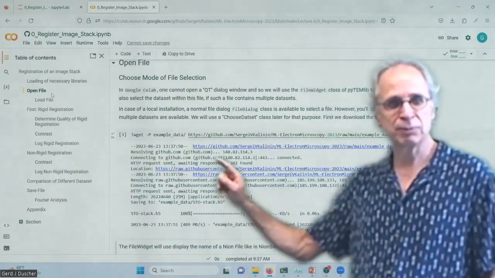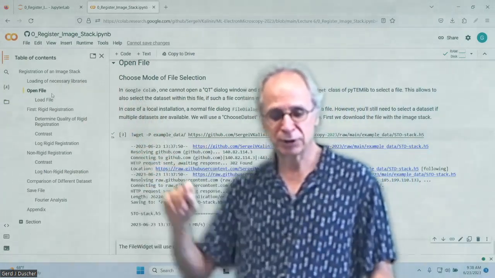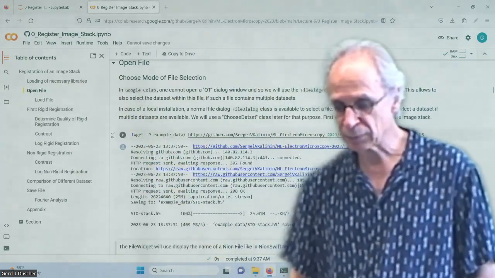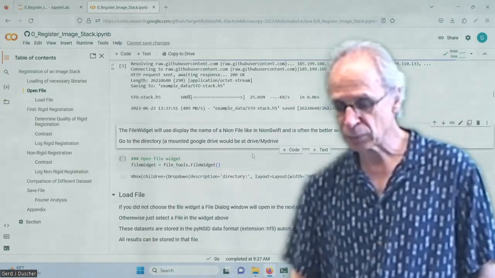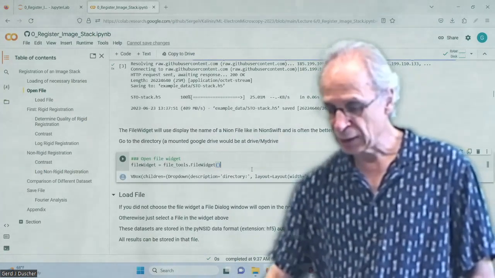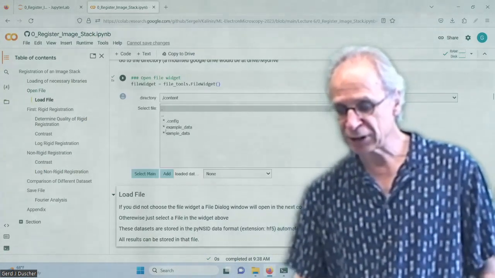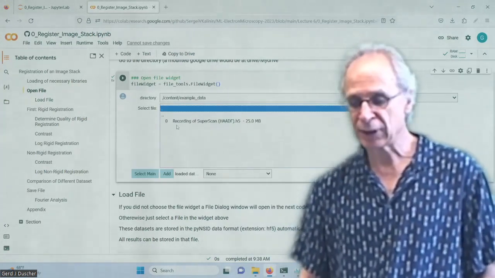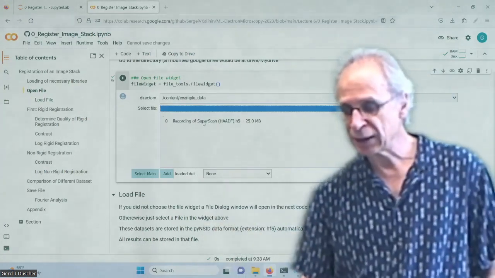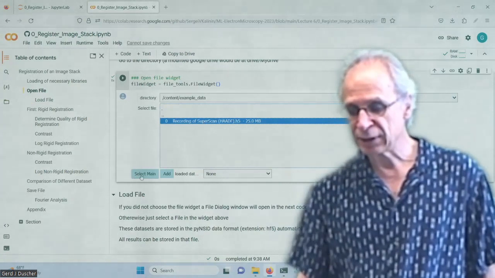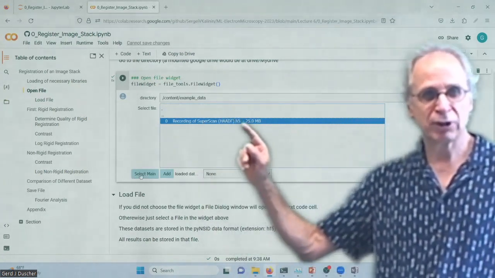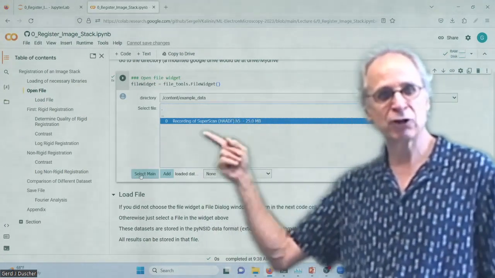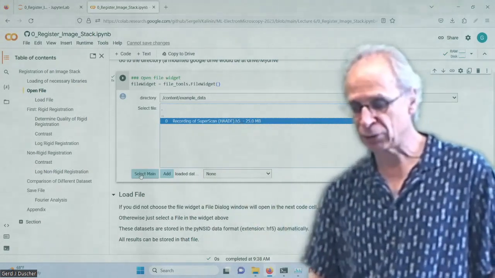So we are in the open file part. I'm using my file widget, so I go into the example data. It's showing me the original name. So this is a Neon file recording.